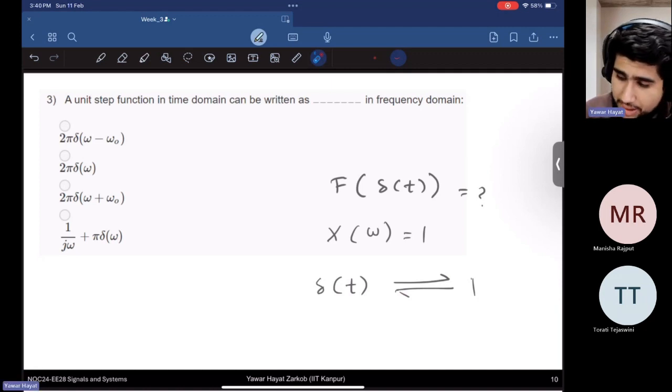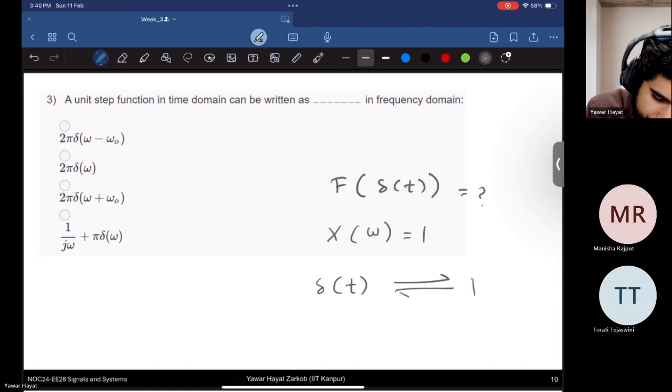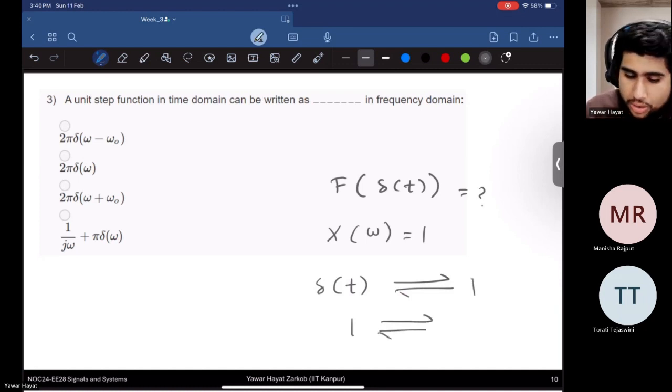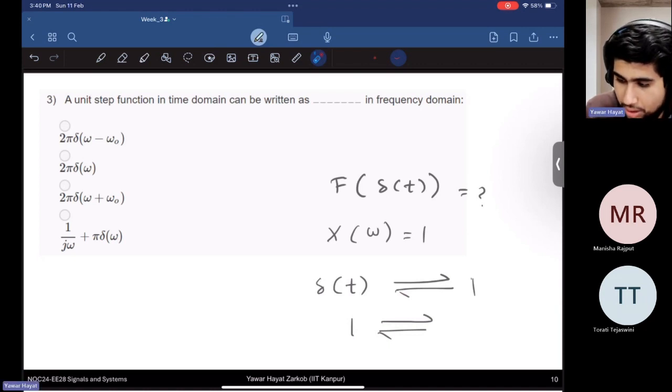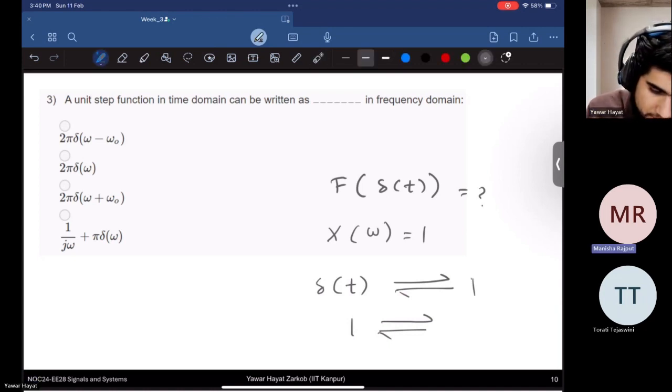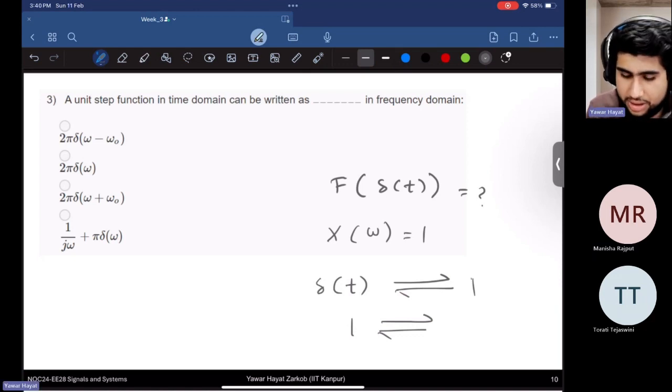So by making use of the duality property, can you tell me what should be the Fourier transform of 1? Notice you cannot readily use pi times delta of omega.